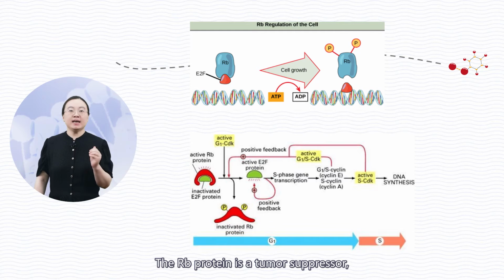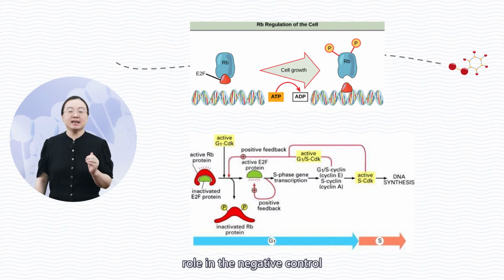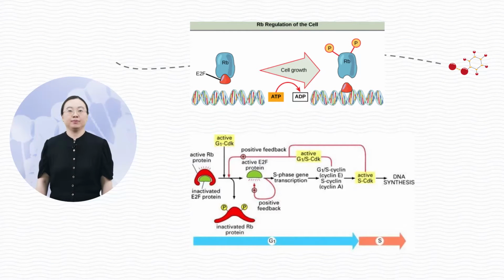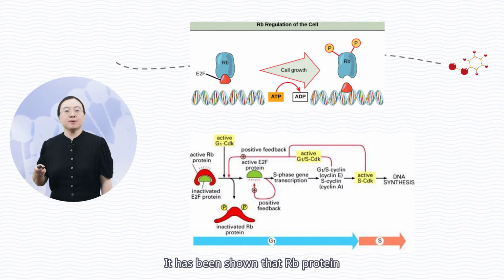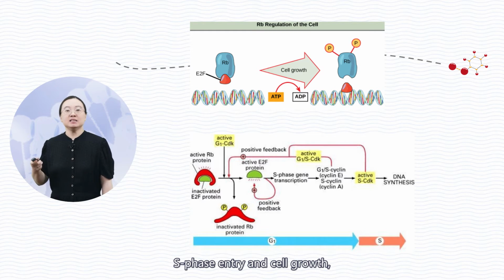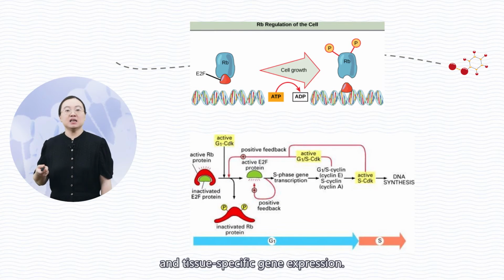The RB protein is a tumor suppressor, which plays a pivotal role in the negative control of the cell cycle and in tumor progression. It has been shown that RB protein is responsible for the major G1 checkpoint, blocking S-phase entry and cell growth, promoting terminal differentiation by inducing both cell cycle exit and tissue-specific gene expression.